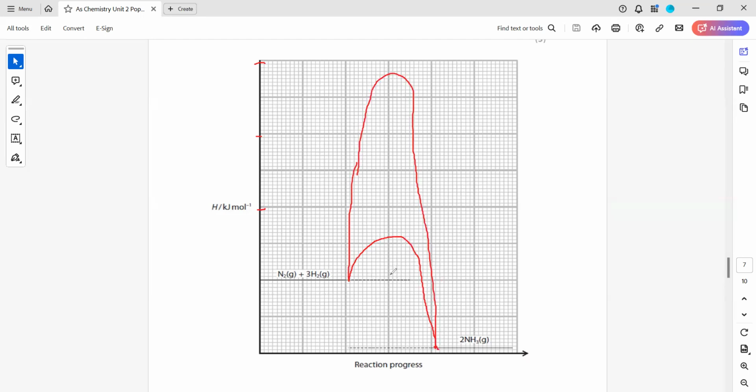So this one is 70 and this one will be around 290. Because the axis is given, you will mark the axis and it should appear correct. And then the enthalpy change, this will be the delta H. Either mark the scale or make sure the proportion appears the same, like 70 to 290.